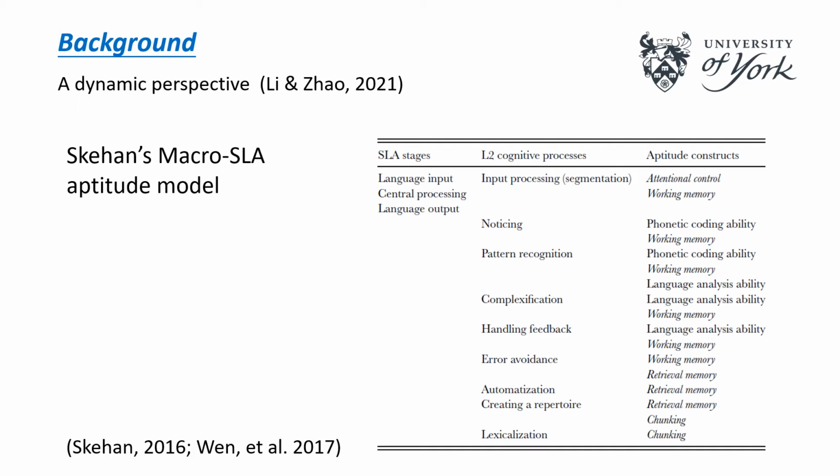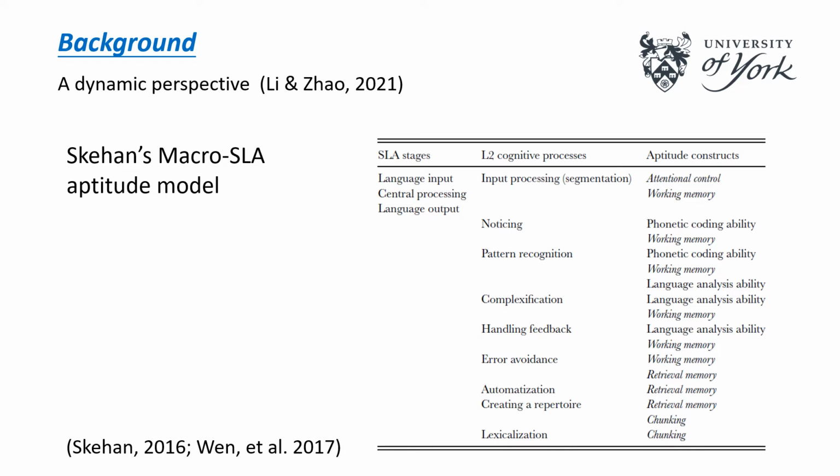Since aptitude is a componential construct, I focus on the components that may be involved in the learning process based on Skehan's macro SLA aptitude model, a theoretic framework that divides aptitude constructs into components that may be involved in the stages of L2 learning.